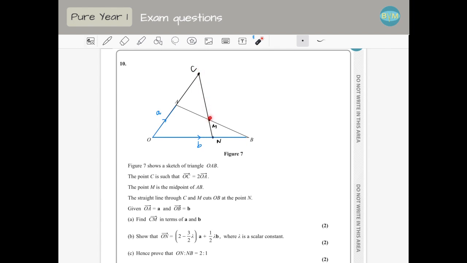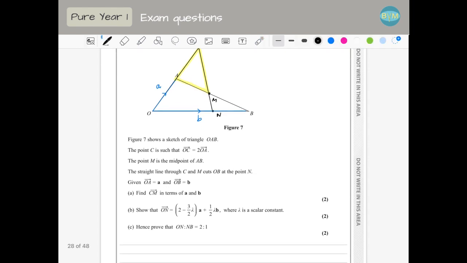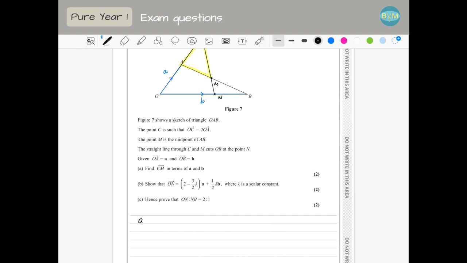We are looking at these 3 vectors, and CM is going to be CA, because I can find this easily, plus AM, because I can find this easily as well. So vector CM is going to be vector CA plus vector AM.